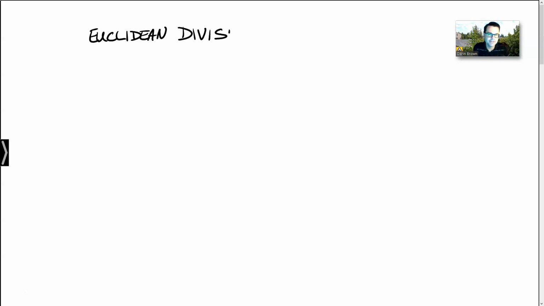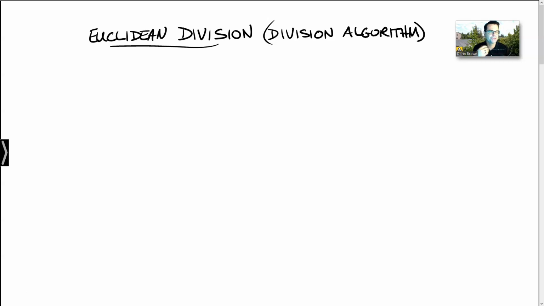Euclidean division is the modern terminology that's used, but you may also hear the term division algorithm for this result. Although the name division algorithm tends to be reserved for not just the result that says yes, there do exist these numbers, but also a very particular computational process you can go through to actually find them. So just the general existence result, just call it Euclidean division.